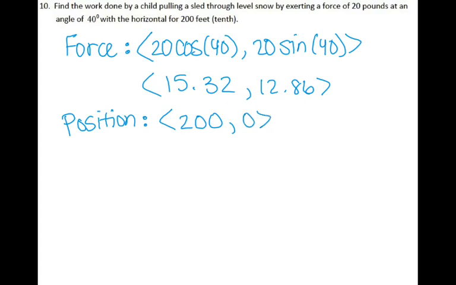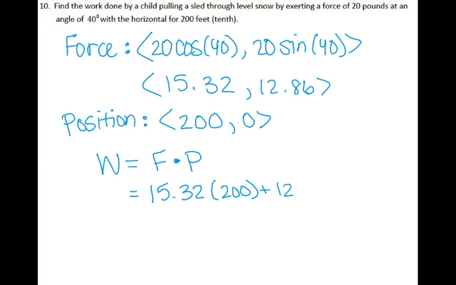Okay, now when I want to find the amount of work, that is the dot product of your force vector and your position vector. So I am going to take 15.32 times 200 plus 12.86 times 0.